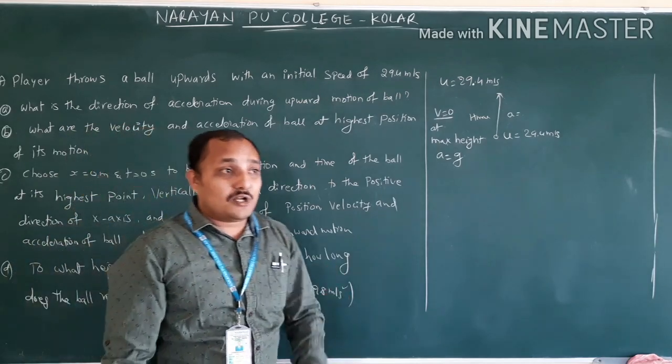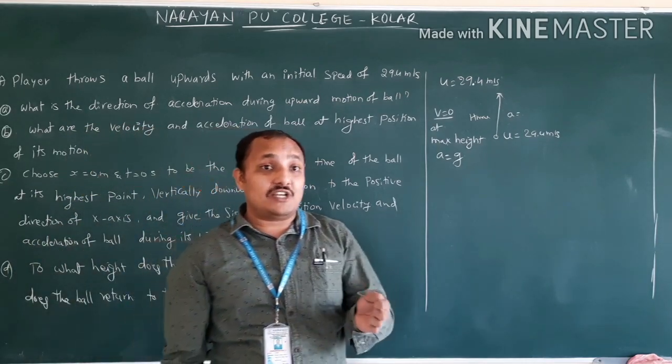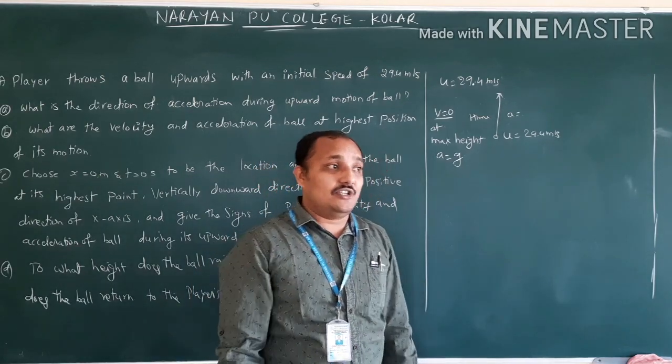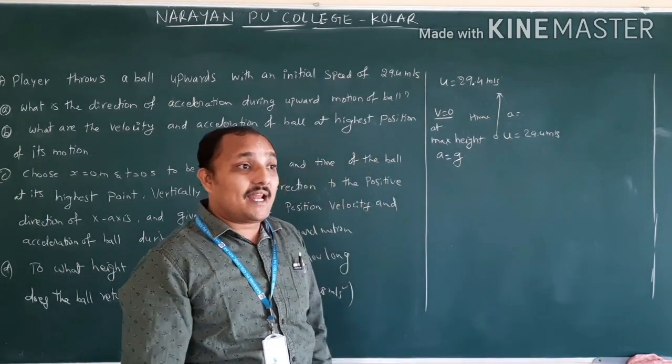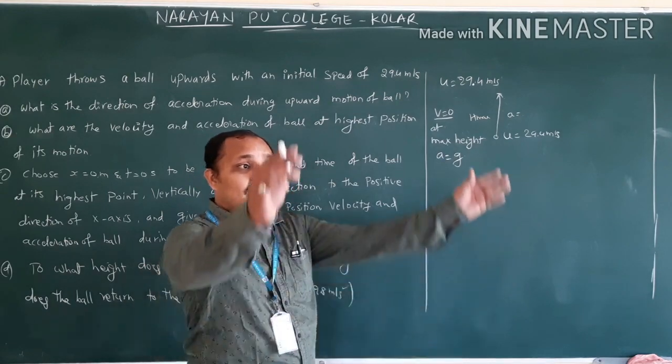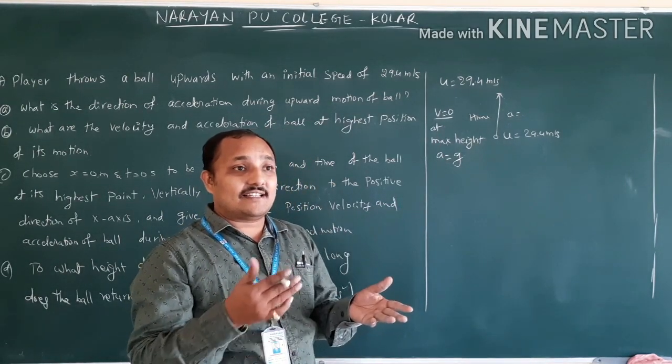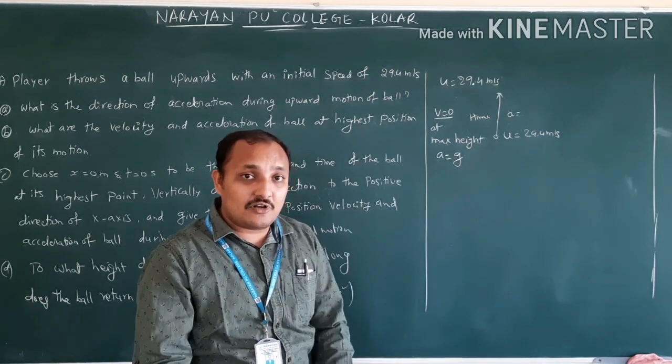So they may ask one more question. Give the position or situation where velocity is 0 but acceleration is not 0. Generally, we will think wherever velocity is 0, rate of change of velocity is acceleration, therefore you will write acceleration also 0.